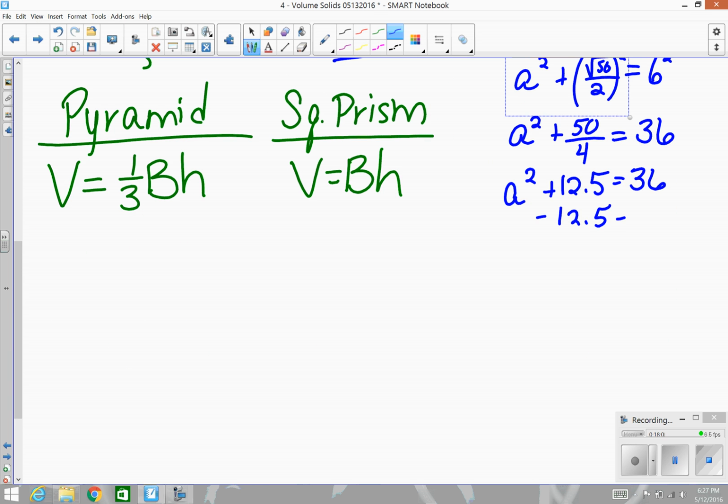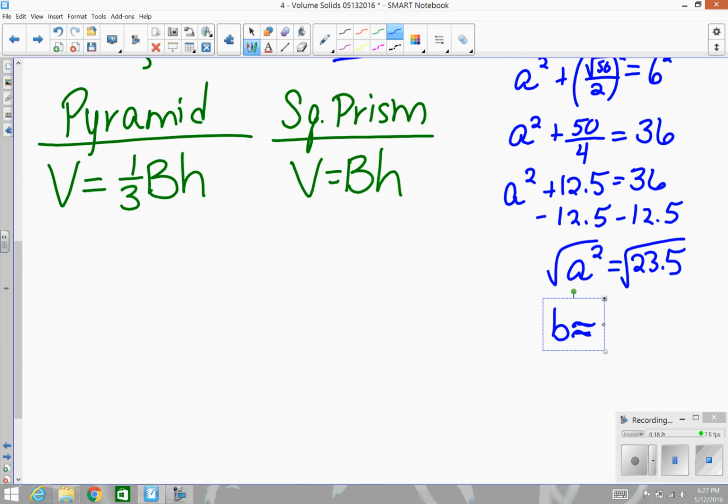Subtract: a squared equals 23.5. Take the square root. You can say the a is about 4.8, or we can just leave it as the square root of 23.5. Both of these are representing the height of that pyramid.